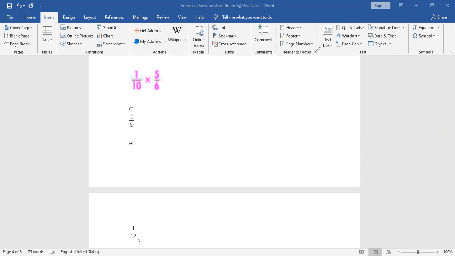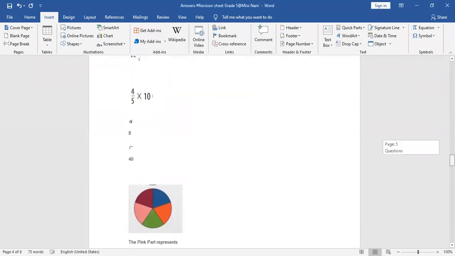Okay, so let's continue. Here, 4 out of 5 multiply 10. I have to convert the 10 into a fraction, which will be 10 out of 1. So 4 out of 5 multiply 10 out of 1. 4 multiply 10 will be 40. 5 multiply 1 will be 5.